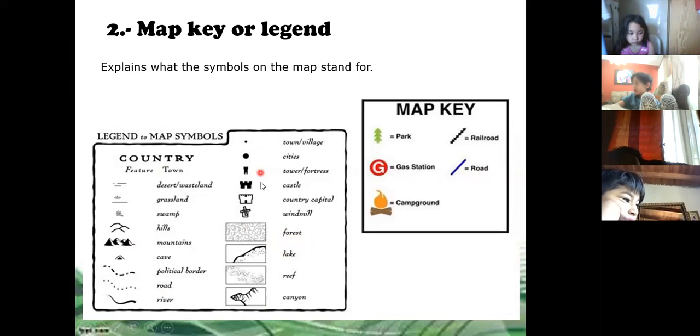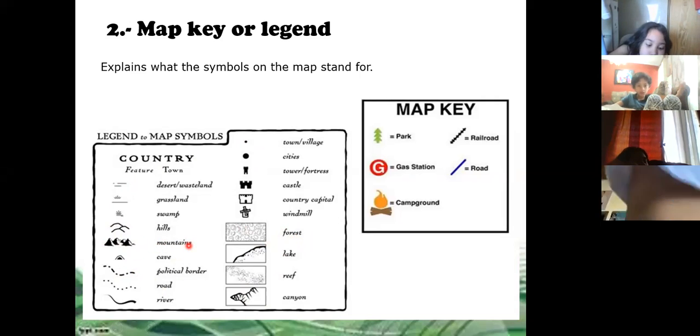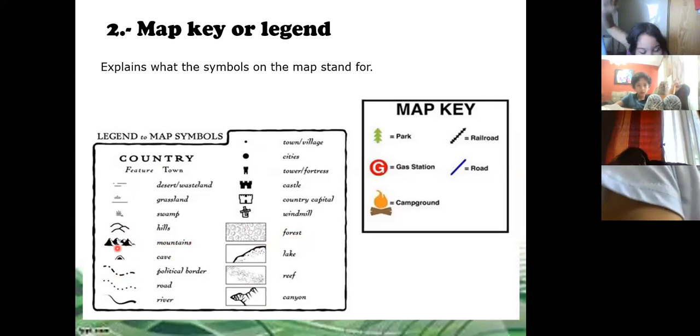And all these representations, take a look at these symbols, class. Mountains. What happens if you see a map of the United States with these representations? You know that it represents mountains. So even though you don't have the word mountains inside the map, you know that there is a mountain because you know that this is the symbol for that.